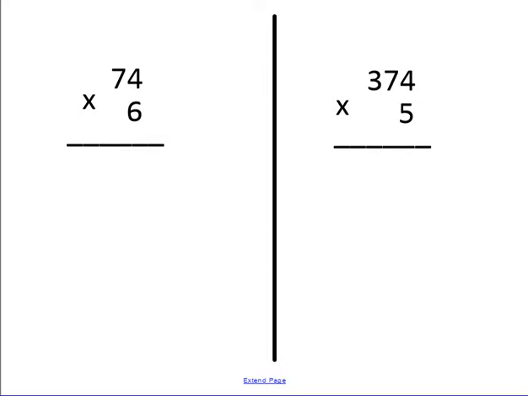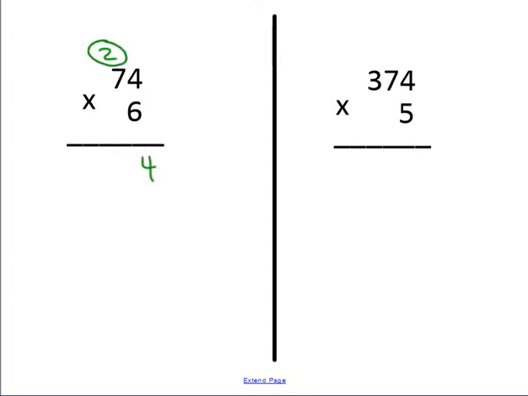Okay? So let's go ahead and put that to practice here. We're going to start off a little bit easier with some 2 by 1s. And what 2 by 1 means is just 2 numbers times 1 number. Okay? So 6 times 4 is 24. So I'm going to carry the 2. I like to circle it.